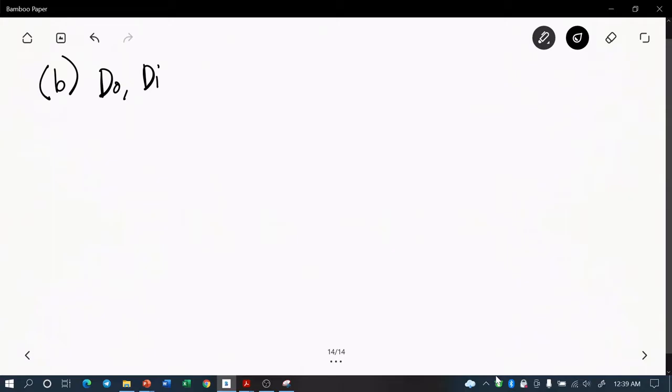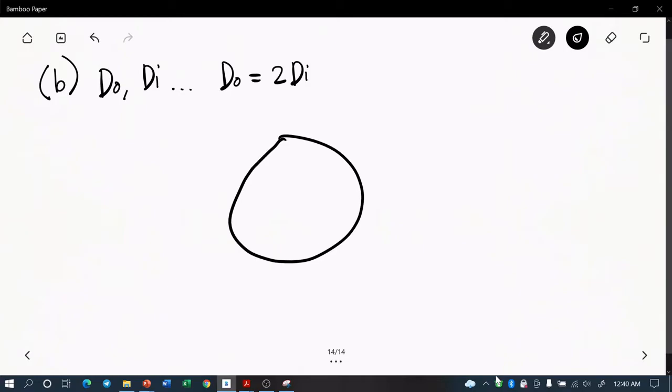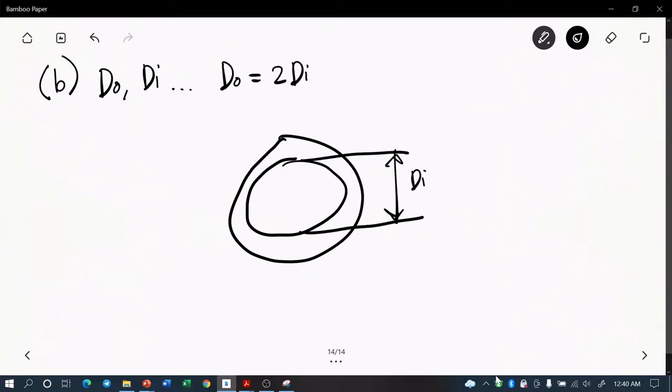And we are given the ratio of the outside diameter and the inside diameter, which is the outside diameter is 2 times the inside diameter. So this will be our illustration representing the hollow shaft. So we have this, the inside diameter, and our outside diameter is this above.